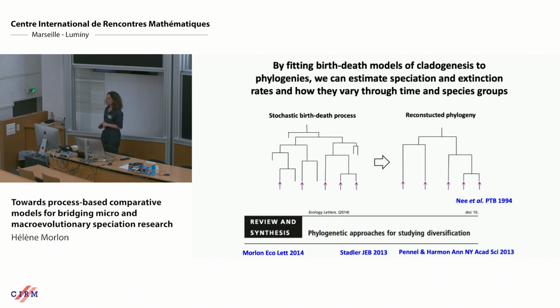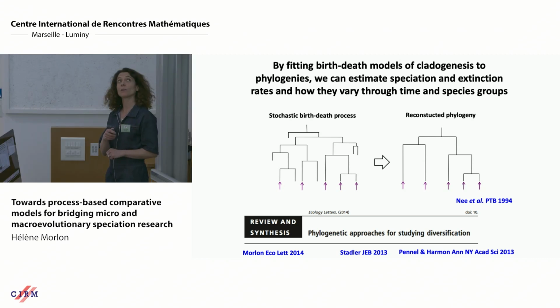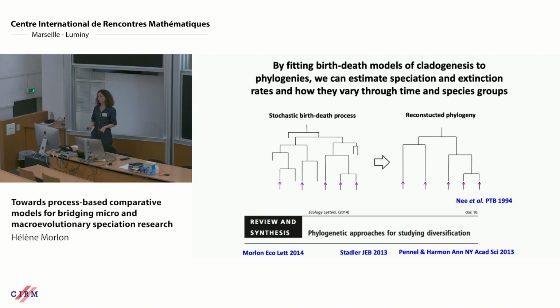So if we know that, what we can do is use birth-death models, the same that are used in population dynamics, but here the birth events represent speciation events that happen with a given rate lambda, and the death events also arrive with a given rate mu, but here represent not the death of individuals, but the extinction of lineages.